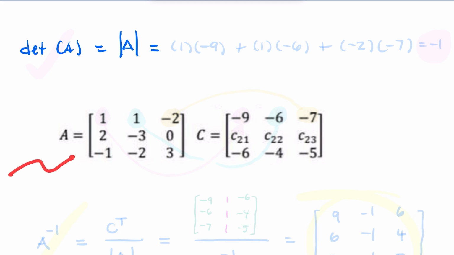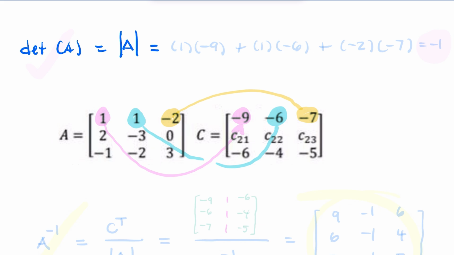And what I'm going to do is simply multiply corresponding cells. So I'm going to multiply the 1 and the negative 9, this 1 times this negative 6, and this negative 2 multiplied by the negative 7, and then I'll just add them together.